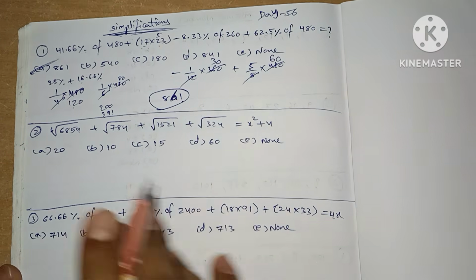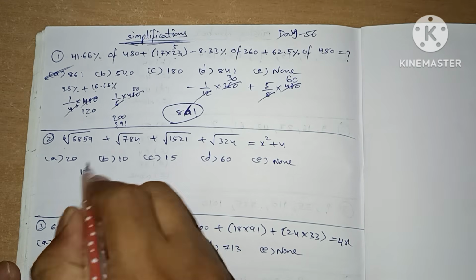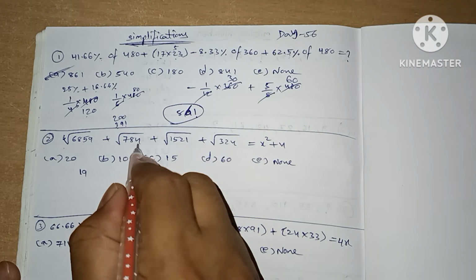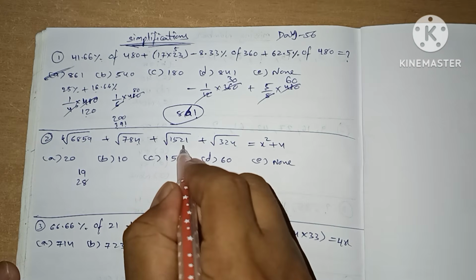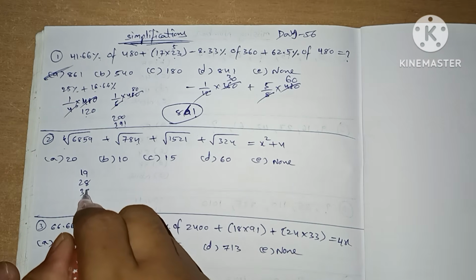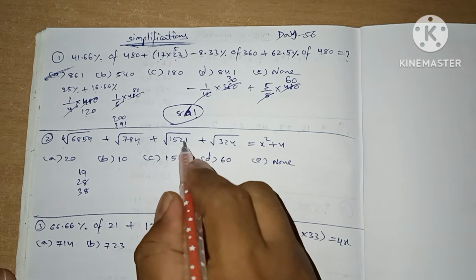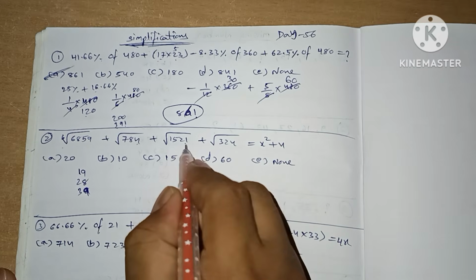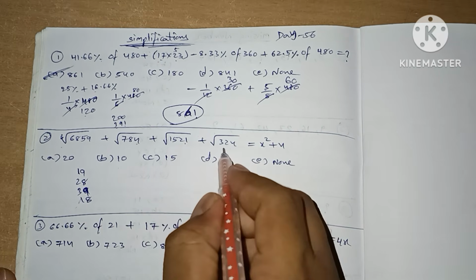Next, second question. Cube root of 6859 means the value of this one is 19, plus root over 784. 784 value is nothing but 28. Root over 1521, the value of this one is nothing but 38, plus root over 324, which is 18 square.